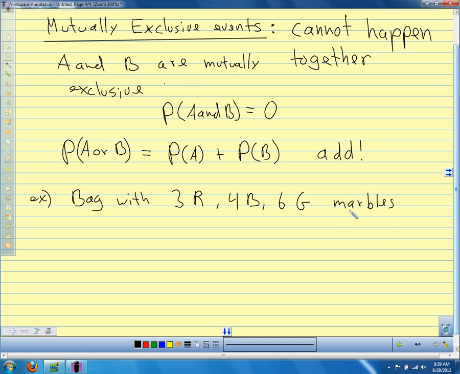We want to find the probability of, in one pick, a red or a green. So we're picking one marble. We want to figure out what the probability of that one marble is red or green. If we pick one marble, it can't be both. It can't be red and green. So they're mutually exclusive. So we have to add the probabilities.